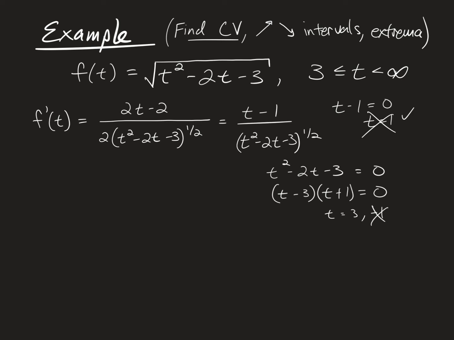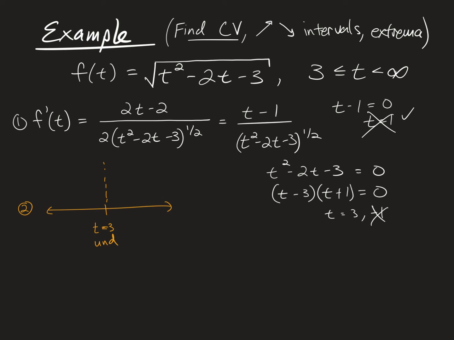Now I want to go ahead and set up the number line with that one critical value that we are interested in, t equals 3, but that made the derivative undefined. So I'm just going to notate that so I know that the derivative is undefined here. And the testing gets a little bit strange here as well.